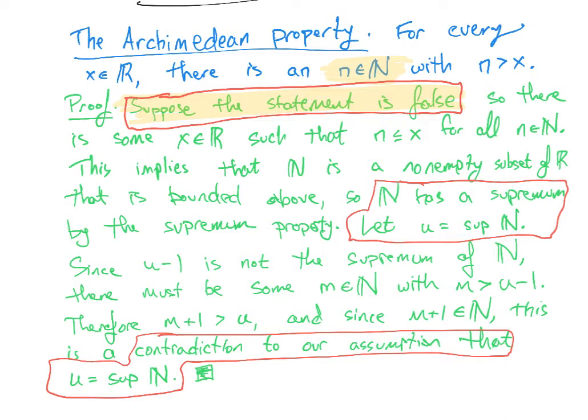Did any questions pop up while I was going through that? I have a quick question. Sure. Could we have used x in this proof instead of u? Because isn't technically x also an upper bound?